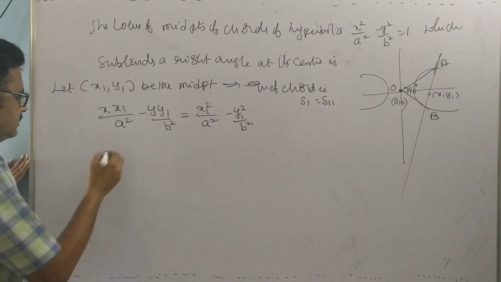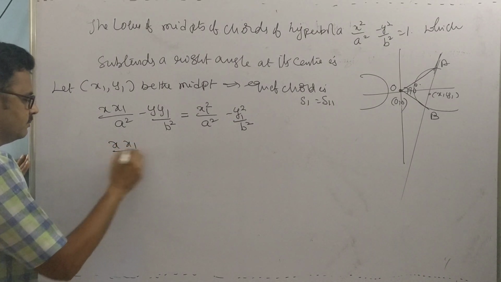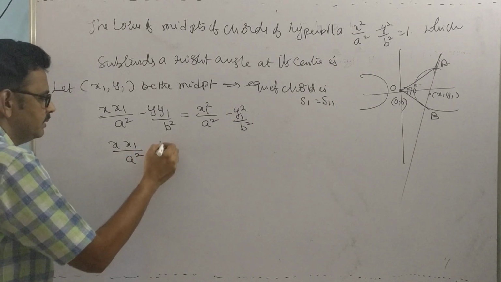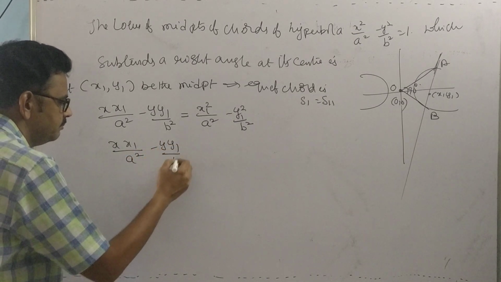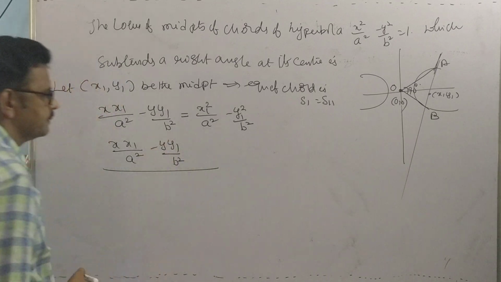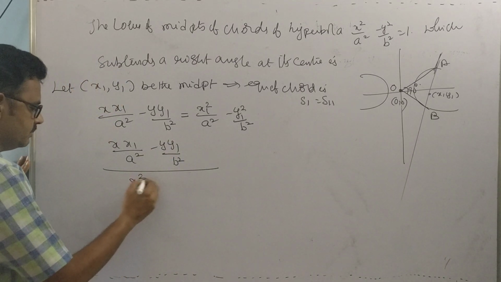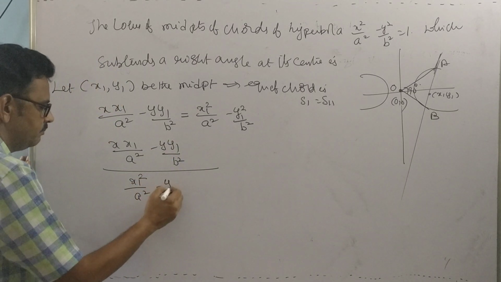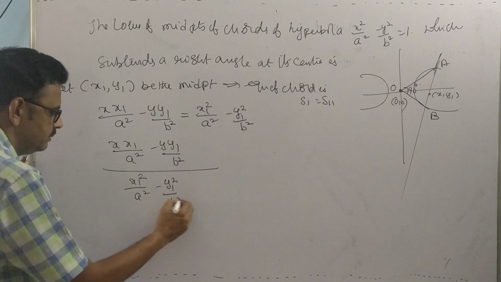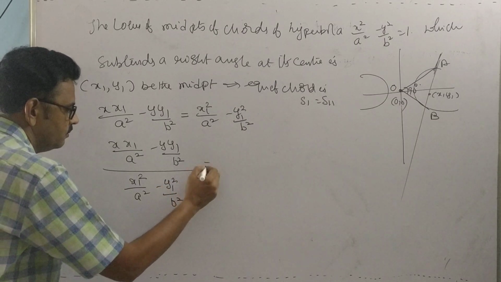Okay, this you have to write as xx1 by a square minus yy1 by b square divided by x1 square by a square minus y1 square by b square is equal to 1 form.